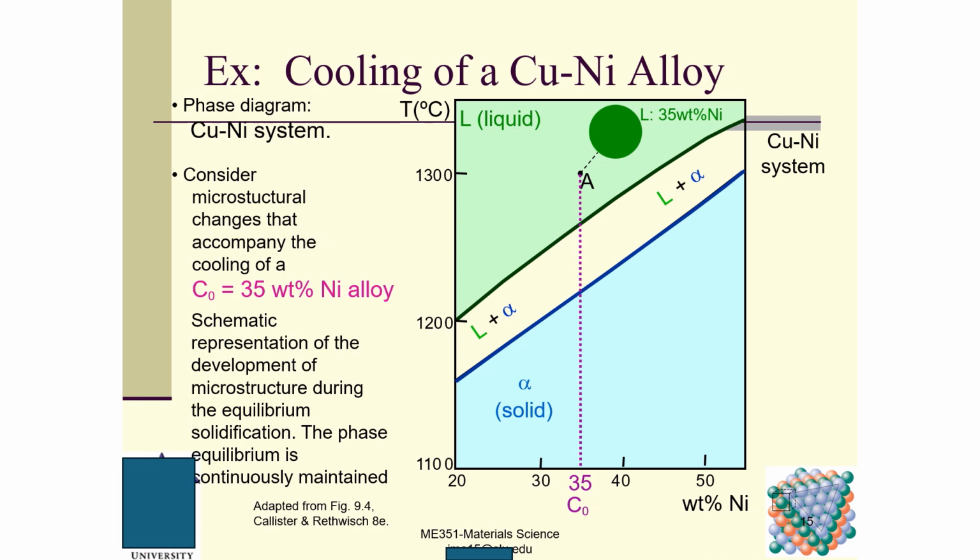Let's see how the microstructure changes as we cool the C0 35 weight percent alloy. This is a schematic representation of the development of microstructure during equilibrium solidification. Solidification means the material becomes solid from liquid, and we assume the phase equilibrium is continuously maintained.